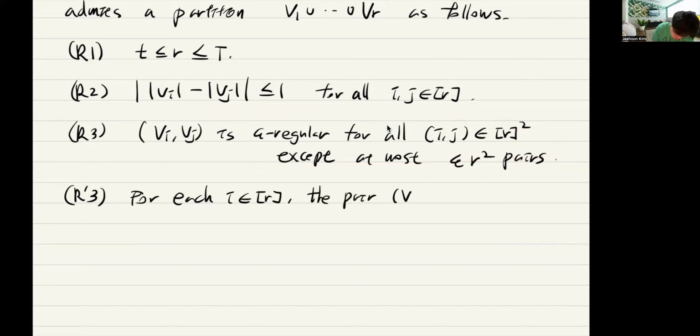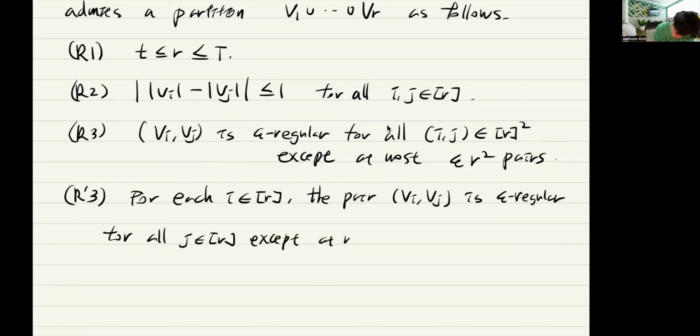For each i, you specify one of the parts, and the pair is epsilon regular for all j except at most epsilon r in the set. So for most of the j, it is epsilon regular.